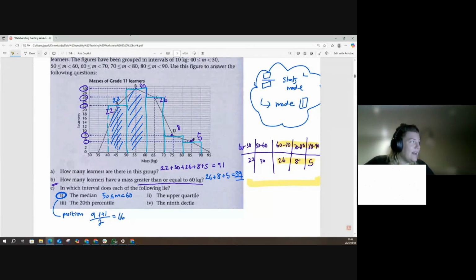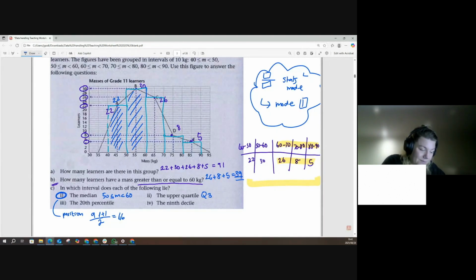Yes, the upper quartile is quartile 3. When we're looking for quartile 3: because the median is the middle point, we're saying a half times n plus 1.